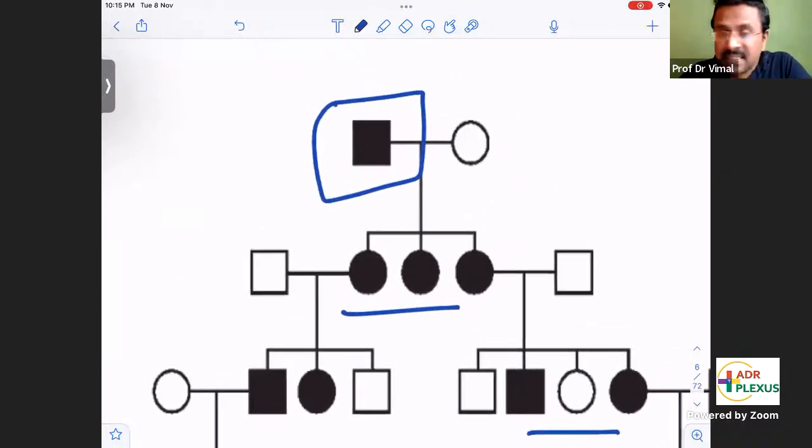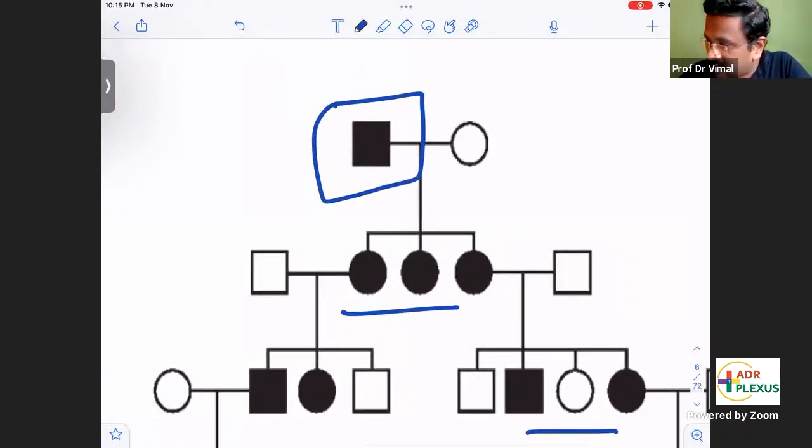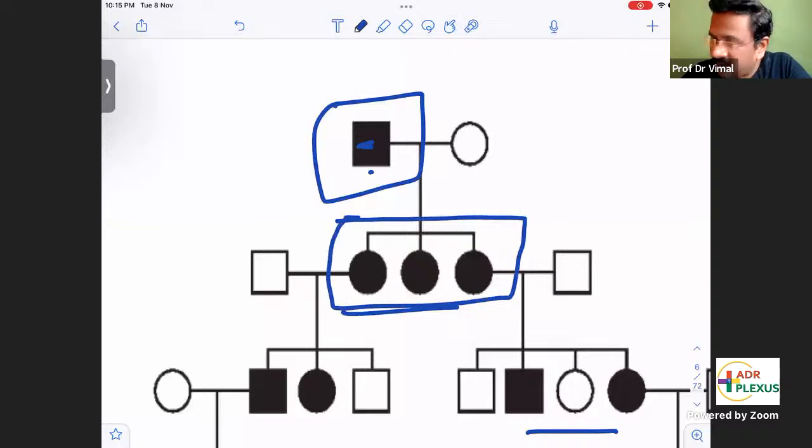So if you see, this is the affected father, actually the male is getting affected here. The father is transmitting the disease only to the females. See here, this is actually a father, a male with XY, who is affected, and he is giving the disease to all his daughters. So that means what?